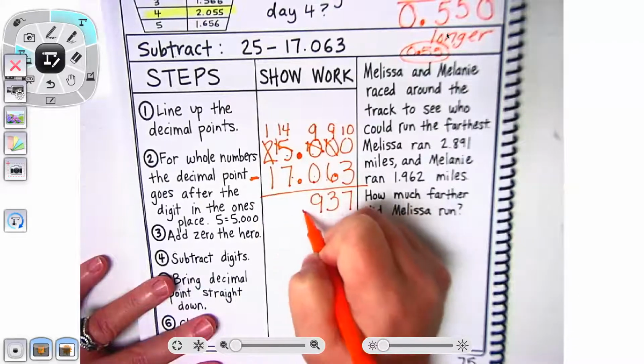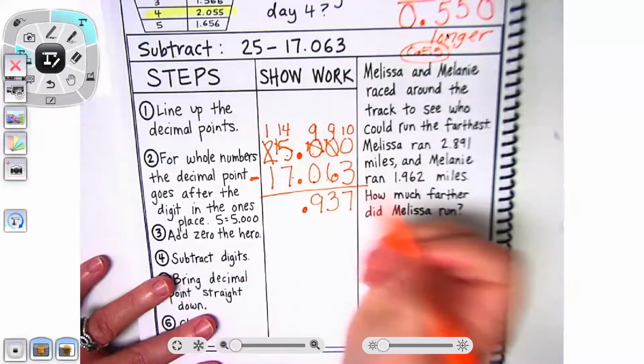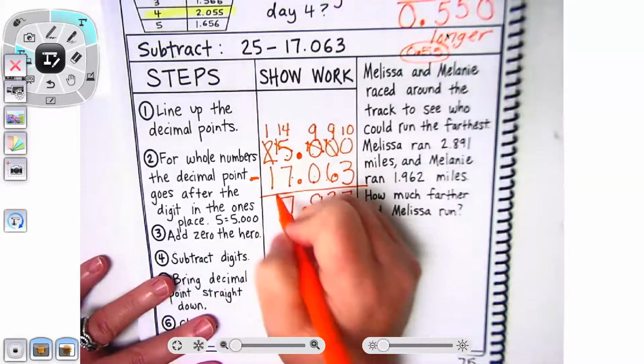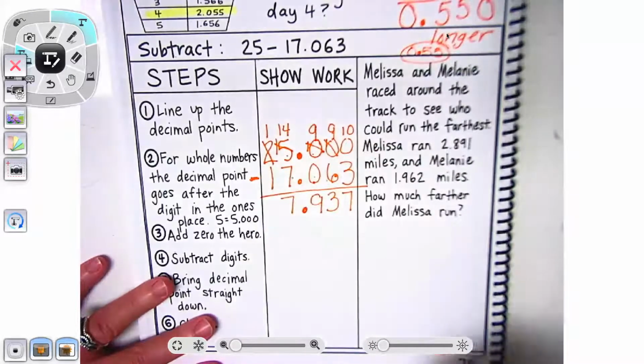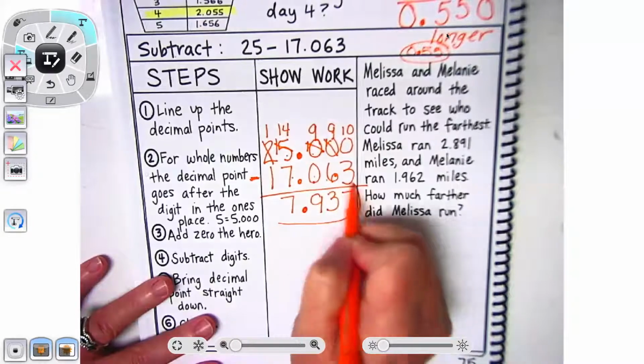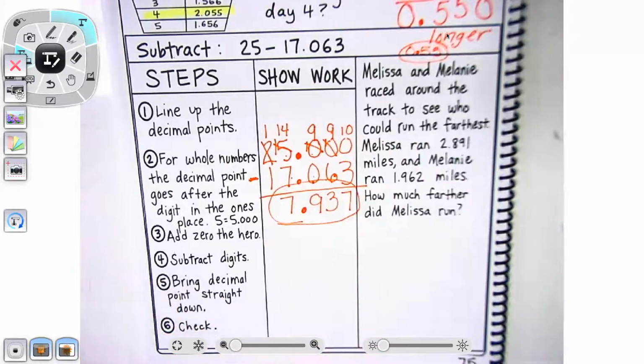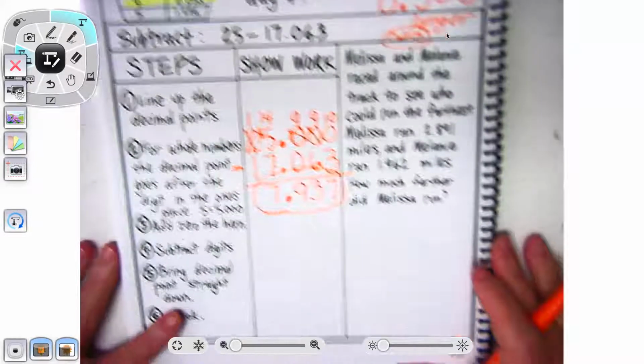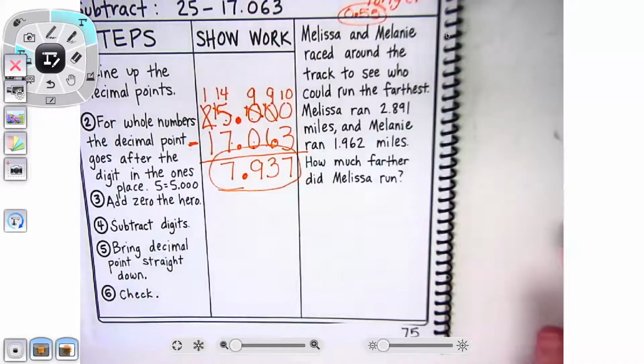Bring down that decimal point. 14 minus 7 is 7. And then our 1 minus 1 is 0. So our answer would be 7 and 937 thousandths.